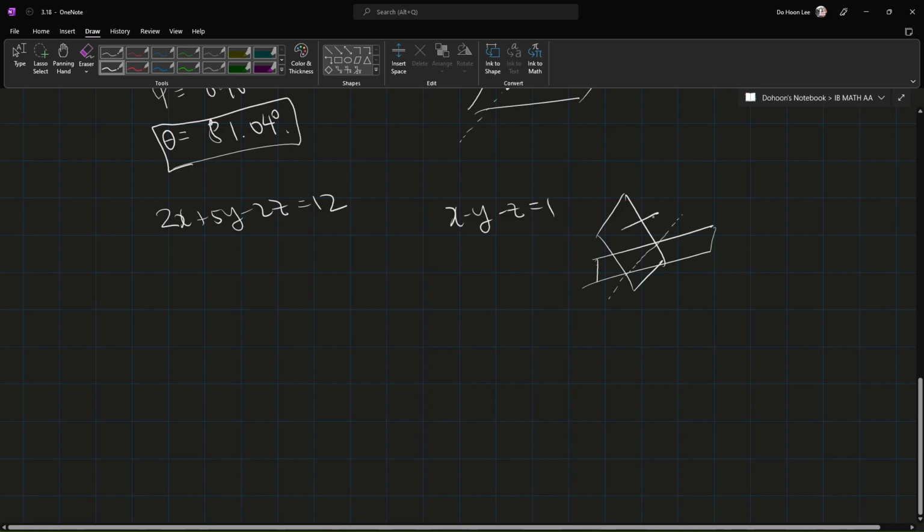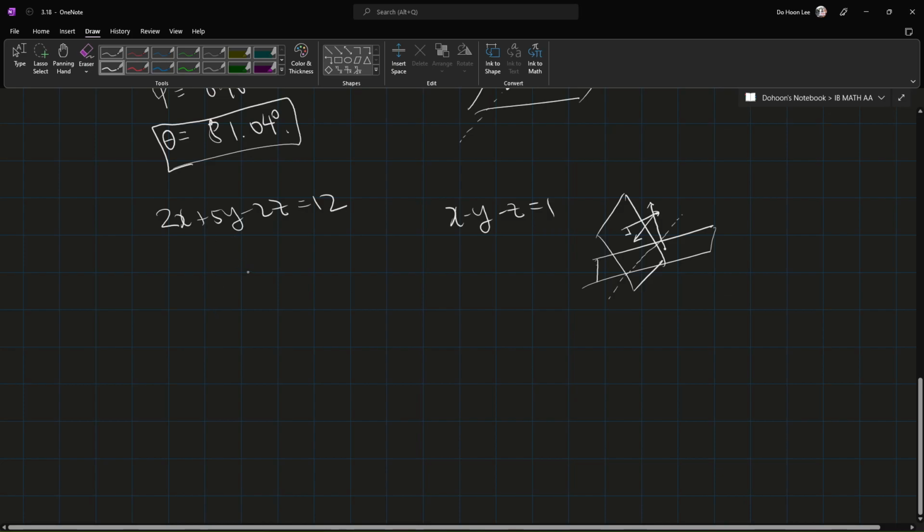The normal vector would be like that, and another normal vector would be something like that, and the vector product of the two normal vectors looks like that, which is parallel to the line of intersection, as you can see.